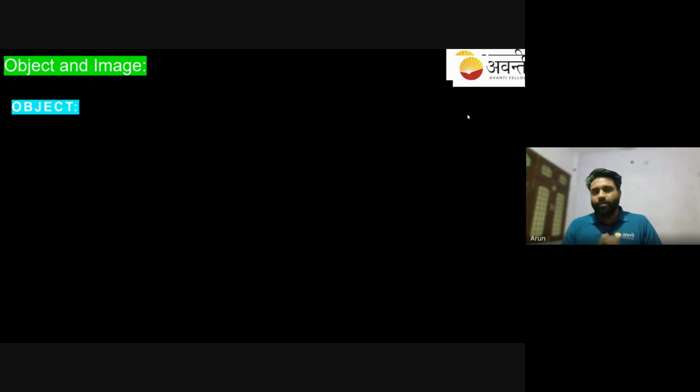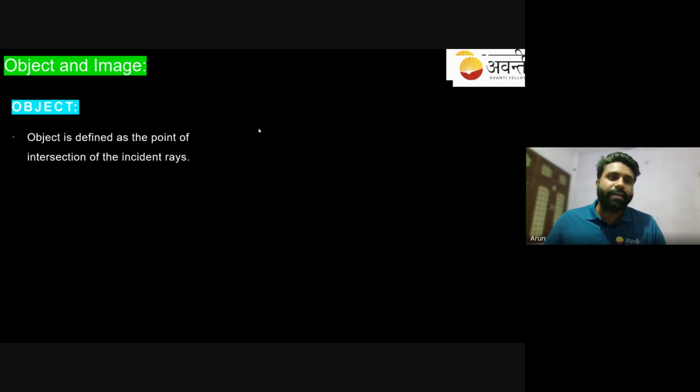Now in terms of ray optics, how are we going to define it? An object is the point of intersection of incident rays.